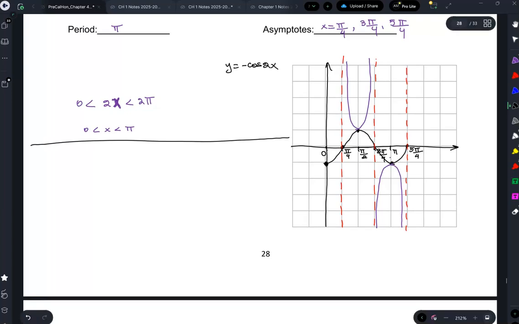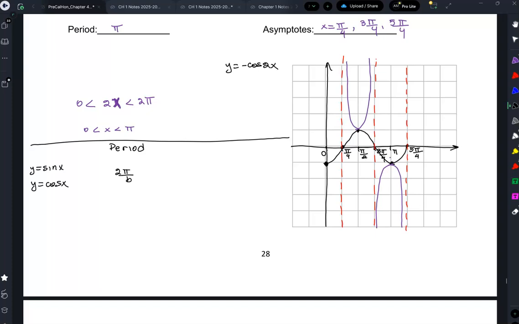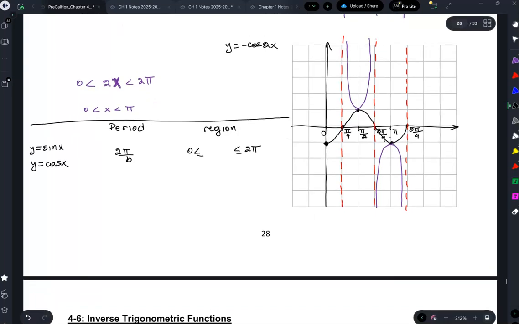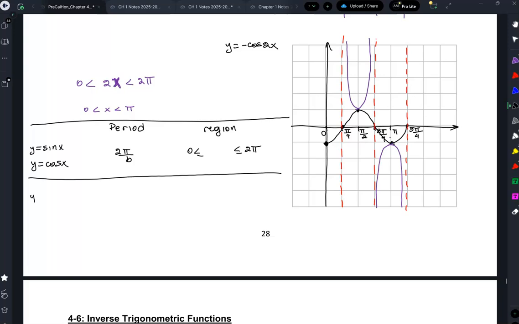So what we have is y equals sine x, y equals cosine x. The period for these two is 2 pi over b. And then the region goes from 0 to 2 pi, right? Okay, now I have tangent.